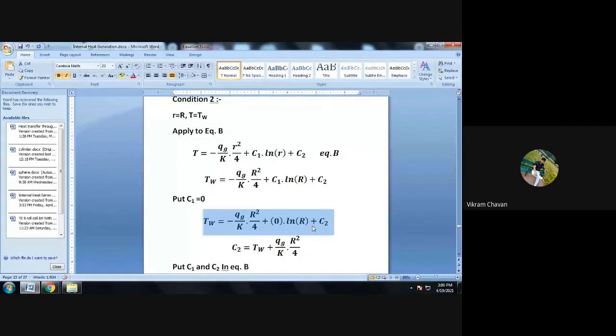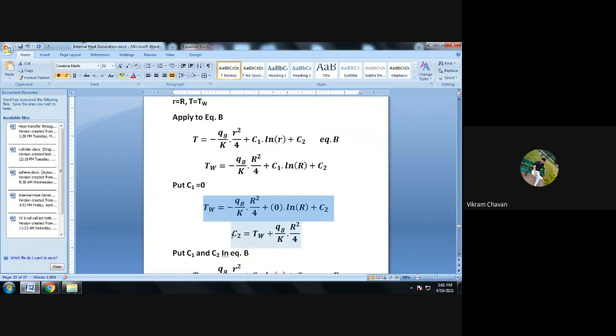This term will become 0, and if you transfer the first term from the right hand side to the left hand side, we get C2. So C2 will become Tw plus Qg divided by K multiplied by R square divided by 4.